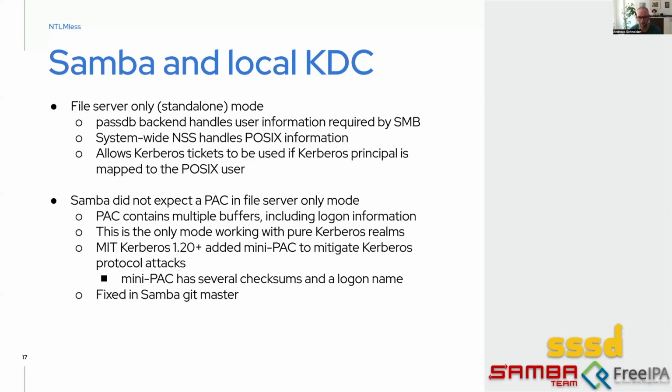The PAC normally contains multiple buffers, including the logon information. So normally when you get a Kerberos connection, you have a PAC coming with it and logon information about the user, like username, the group memberships, and stuff like that. But in this mode, we only supported pure Kerberos realms and didn't expect a PAC.